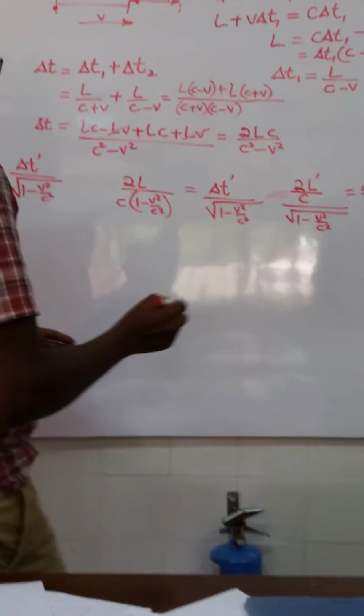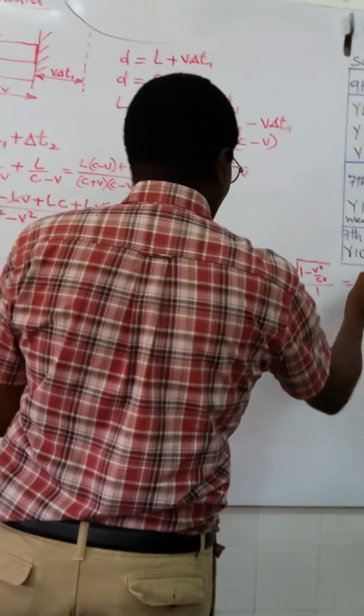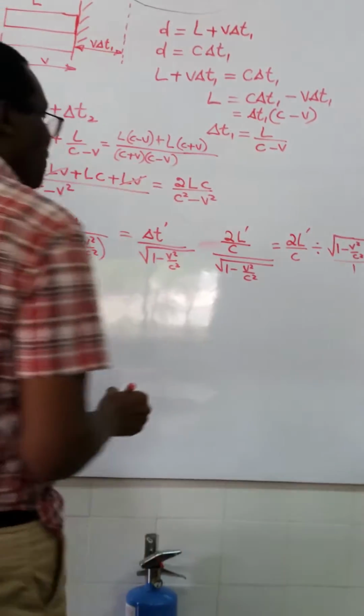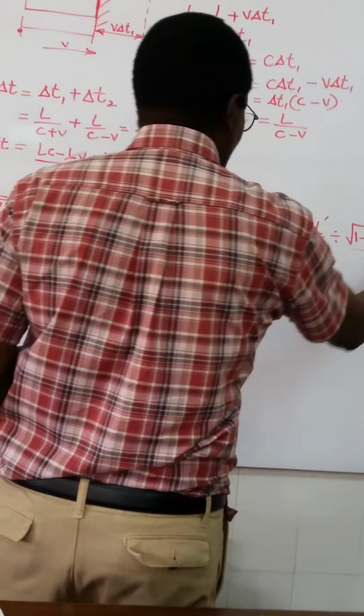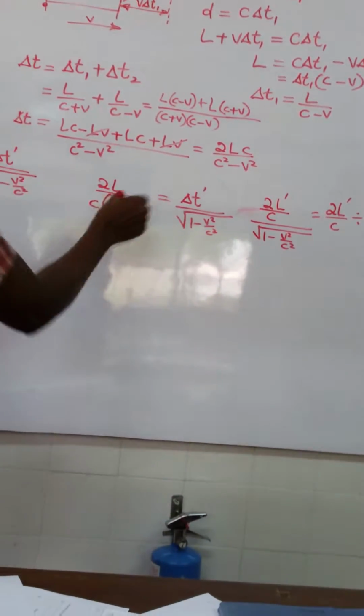Having seen that, we then know that this one here, this is L prime to L prime. So we can now say that what we have here is in fact the same as this.